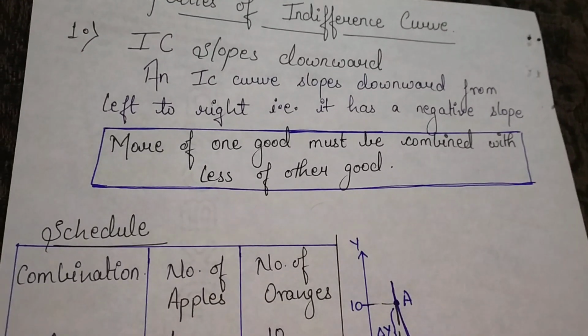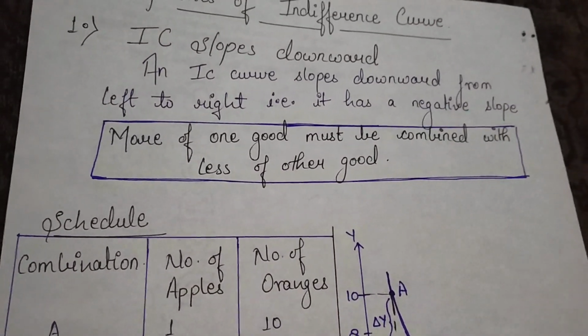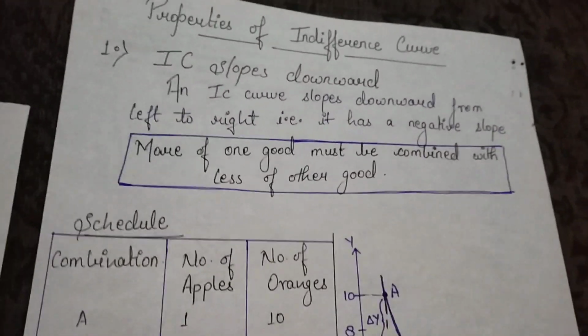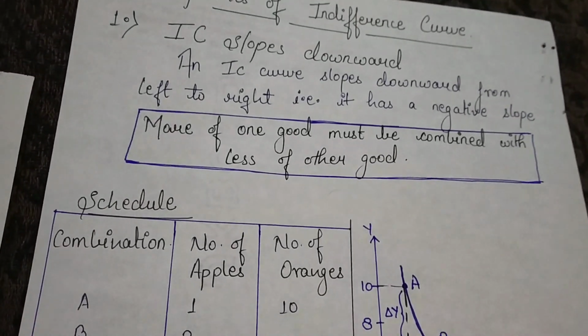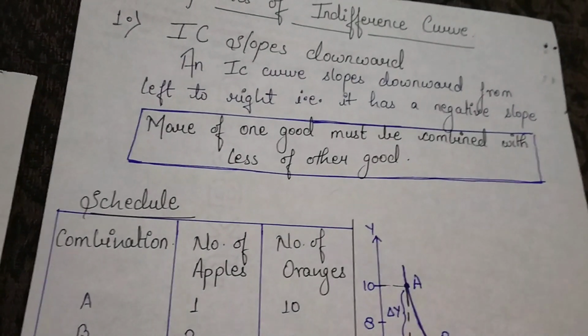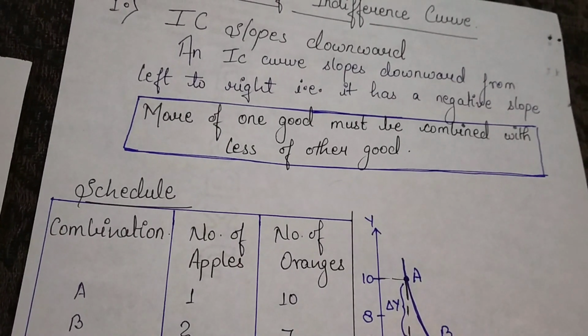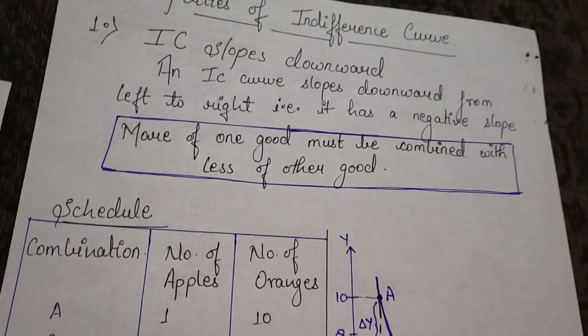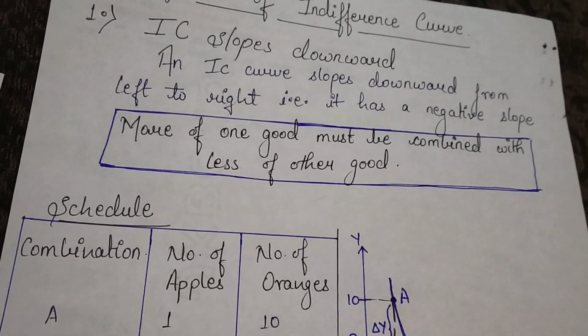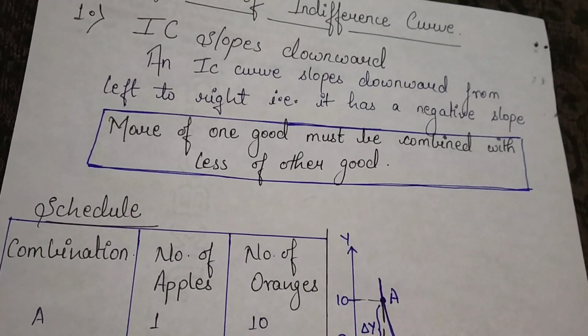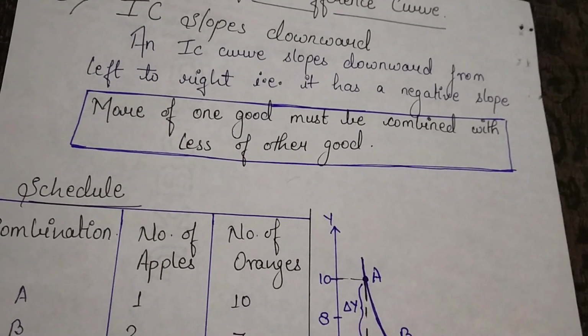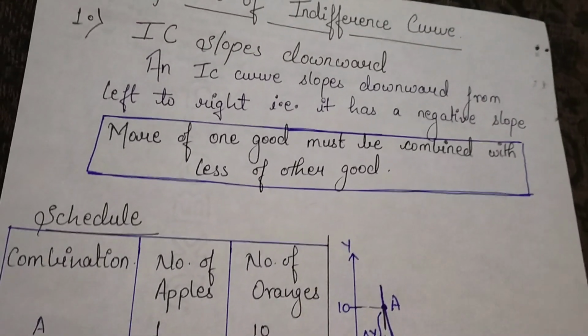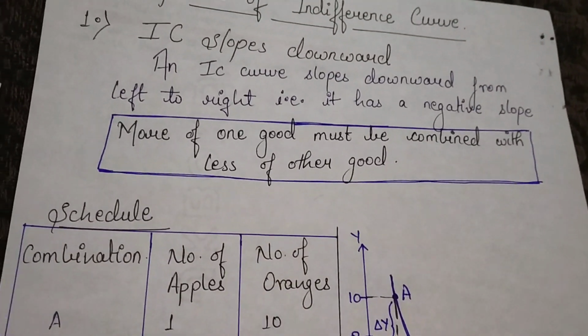The indifference curve slopes downward from left to right, showing a negative slope, because it is based on the assumption that if the consumer wants to consume one more unit of any commodity, he has to consume less of the other commodity. Then only he will have the same level of satisfaction.